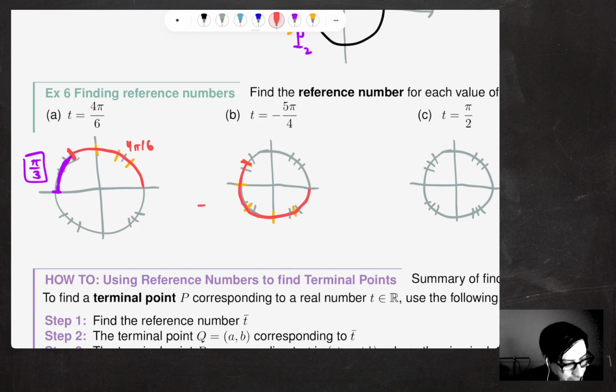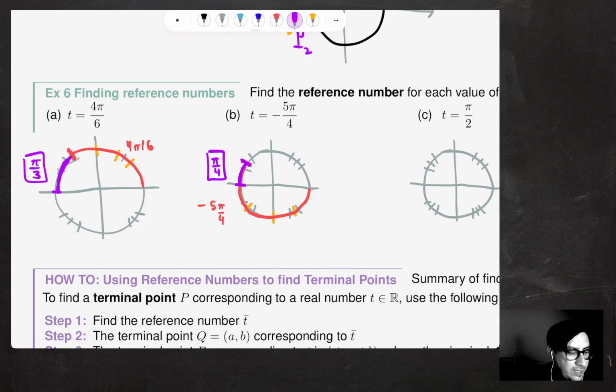So negative 5 pi over 4 is this red distance, and that's where I end up. So our reference angle is the shortest distance to the x-axis. This time the purple is going to be right here, and it's going to be pi over 4. So the reference angles are always positive because it's a distance. We're always going to measure them from the x-axis either up or down. It's always going to be a positive number.